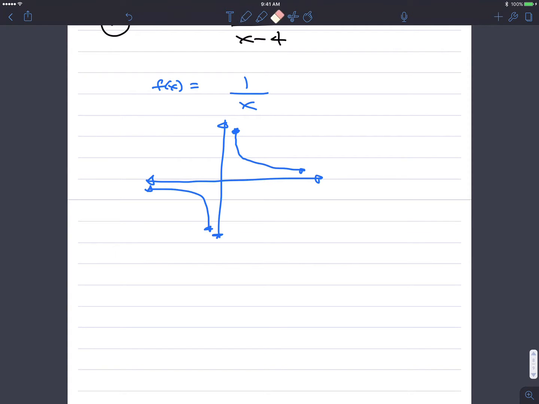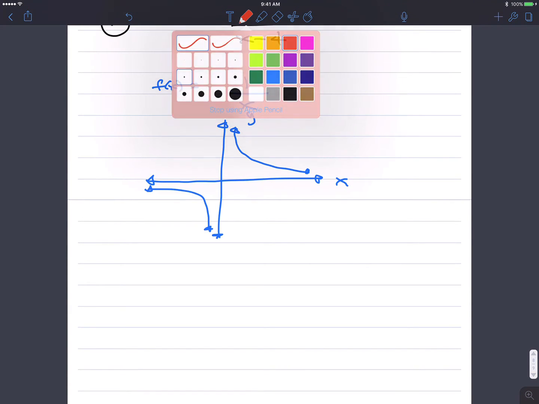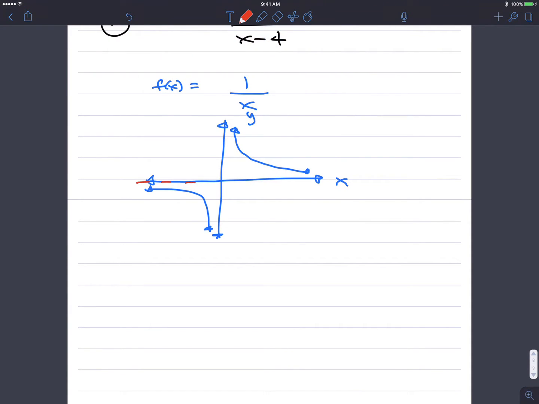Okay, x-axis, y-axis. You know what's interesting about this curve? There's a lot of things. First thing I want to point out to you, it never crosses the x-axis, never crosses the y-axis. It has what's called vertical and horizontal asymptotes.